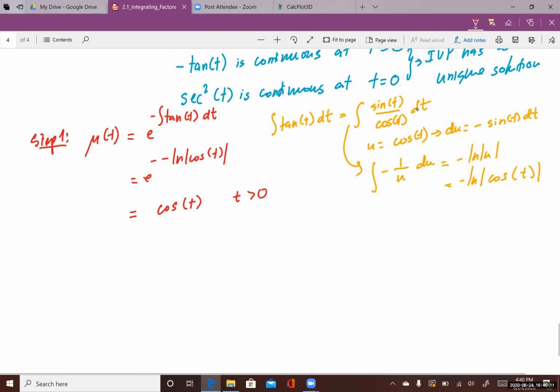What about the second step? The second step is you just need to use the formula for y.